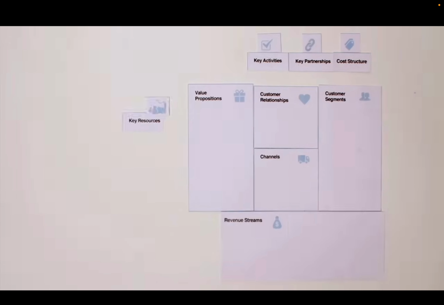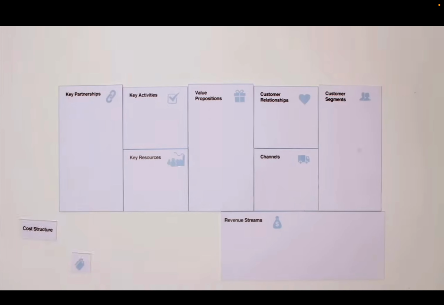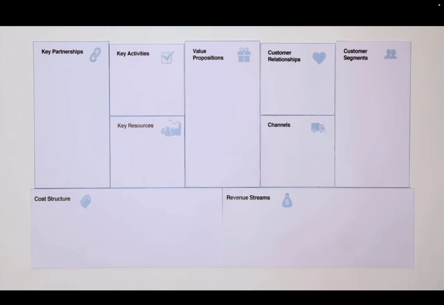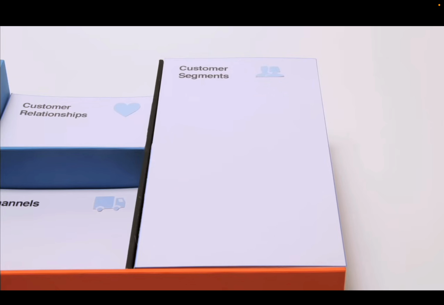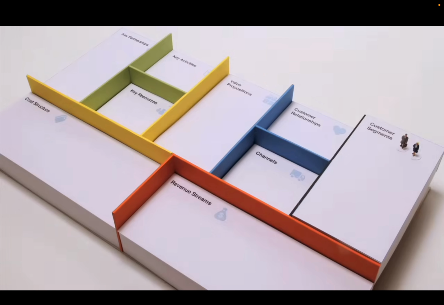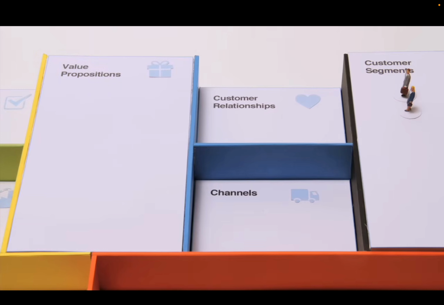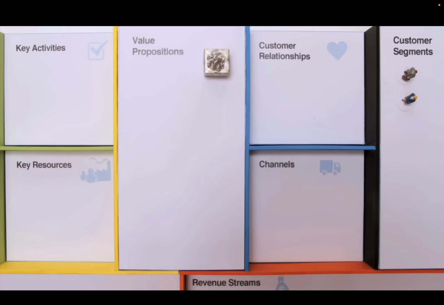This is what we call the business model canvas, a tool that helps you map, discuss, design, and invent new business models. Let's briefly go through the nine building blocks, starting with the customer segments. These are all the people or organizations for which you're creating value. This includes simple users and paying customers. For each segment, you have a specific value proposition.